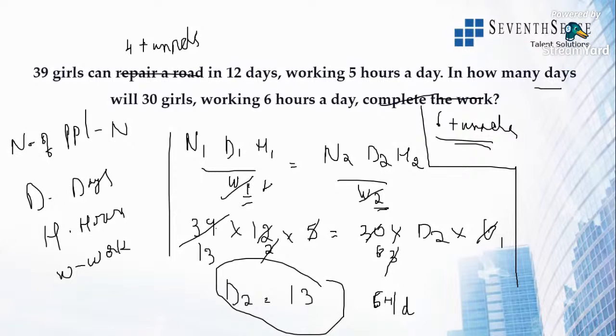So W1 will become 4 and W2 will become 6. According to this, 13 days is the answer if they are working 6 hours a day. So 30 girls will take 13 days working 6 hours a day. This is an example of time and work when equal capacities are given.